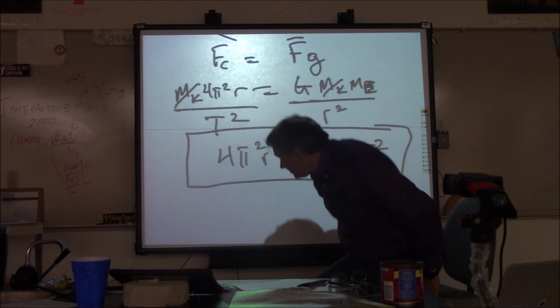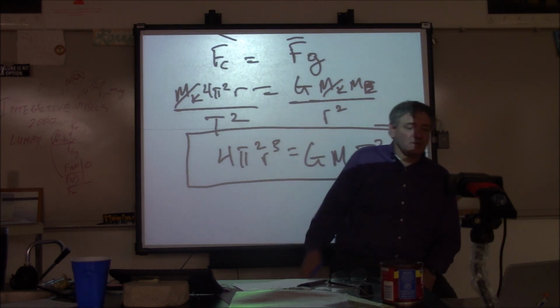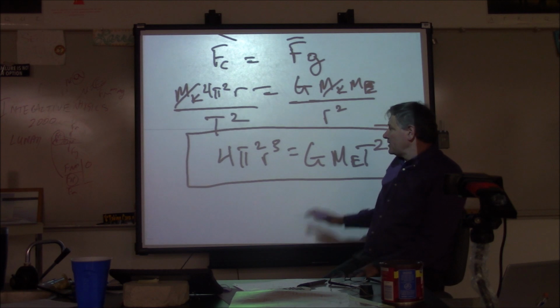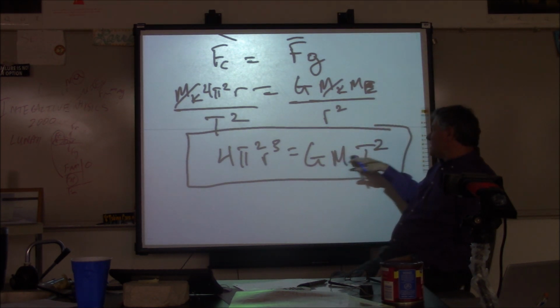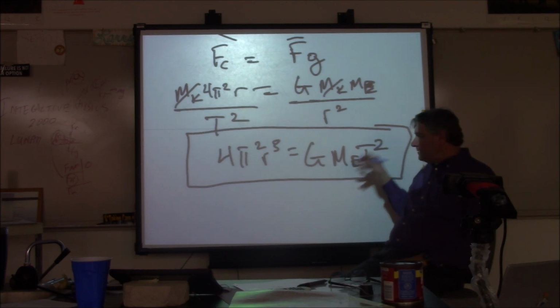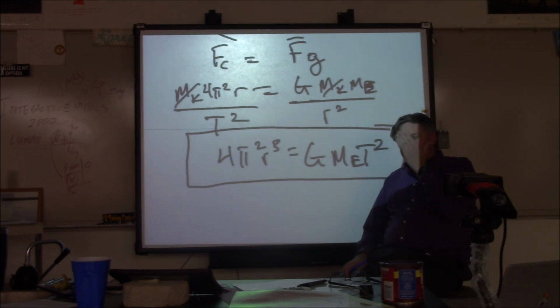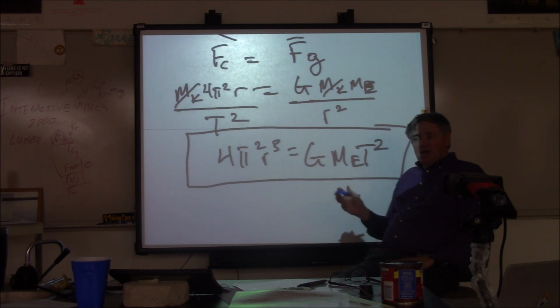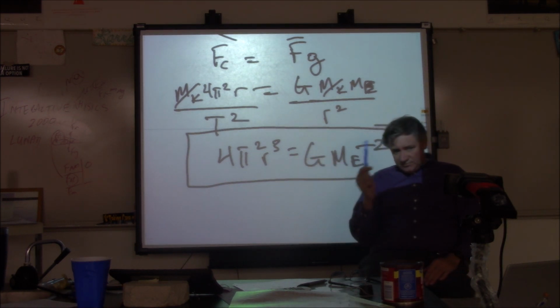Now, this is like the Swiss Army knife of all equations relating to planetary motion. Because this has the most things in it. It has radius, it has mass, it has period. Okay? So what we observe, and you'll see this later on, is that, for example, if you want to talk about Jupiter, it's tough to accurately measure the velocity of a moon of Jupiter.